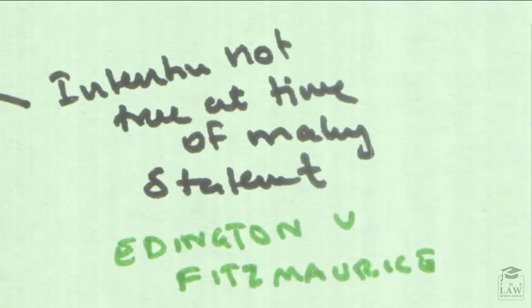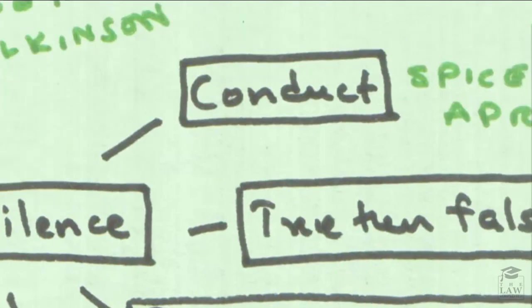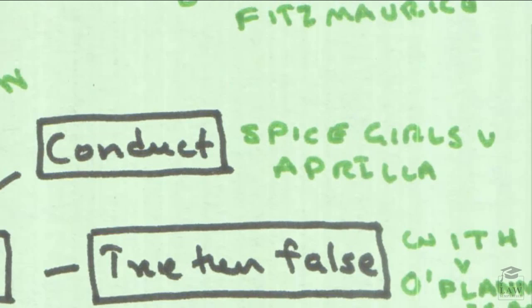Now, generally speaking, a misrepresentation is a statement, and ideally you might consider that statement as being either written or spoken. But there are instances in which silence also can amount to a misrepresentation. One very seminal example is in the case of Spice Girls and Aprilla. This too is available in your case summary, so have a look at it.